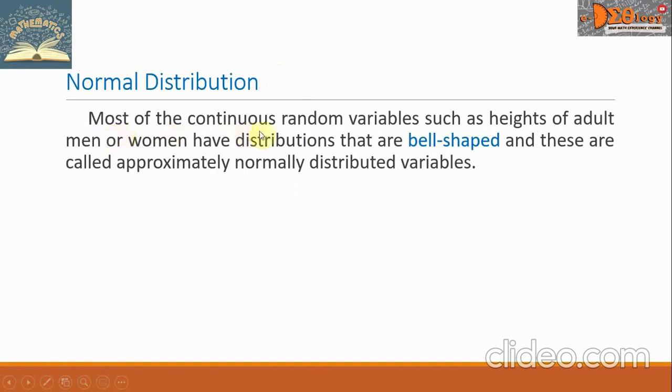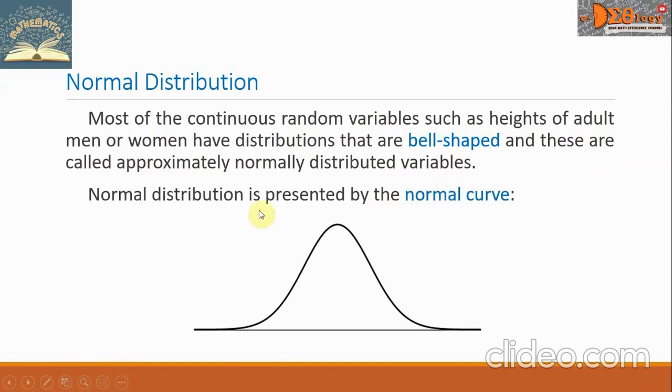Most of the continuous random variables, such as heights of adult men or women, have distributions that are bell-shaped, and these are called approximately normally distributed variables. Normal distribution is presented by the normal curve. This is the normal curve.